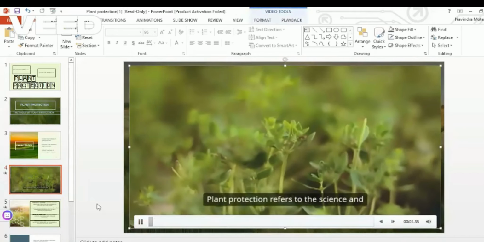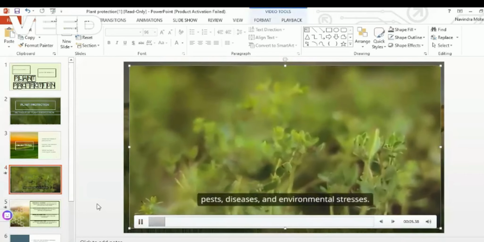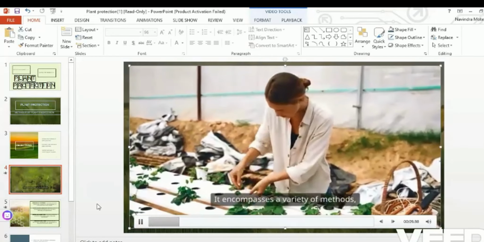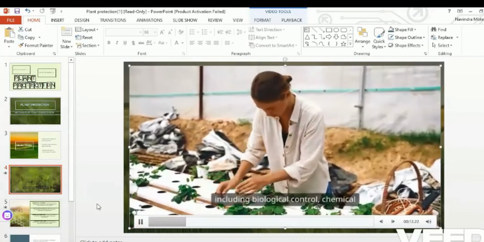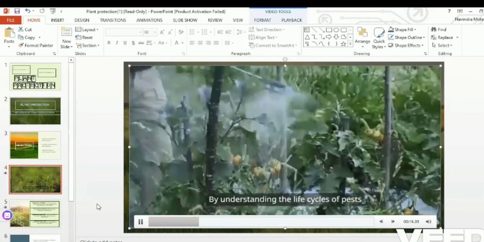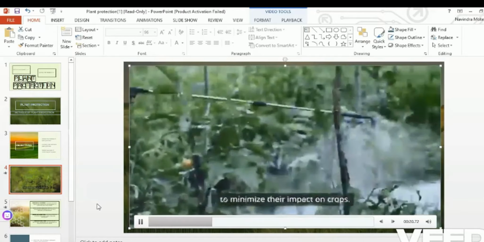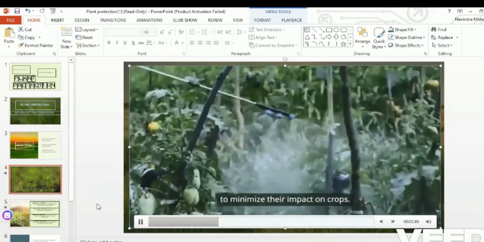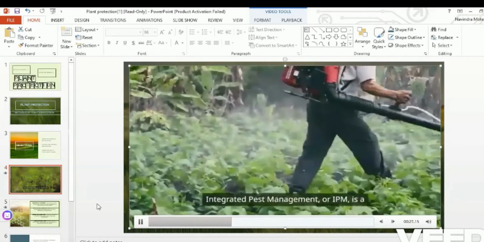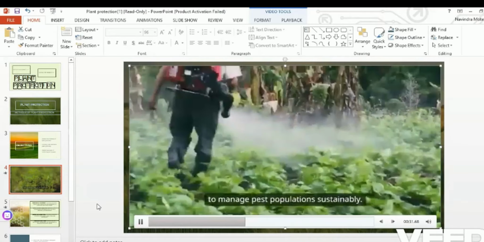Plant protection refers to the science and practices aimed at safeguarding plants from pests, diseases, and environmental stresses. It encompasses a variety of methods, including biological control, chemical treatments, and cultural practices. By understanding the life cycles of pests and pathogens, we can implement strategies to minimize their impact on crops. Integrated pest management, or IPM, is a key approach that combines different tactics to manage pest populations sustainably.